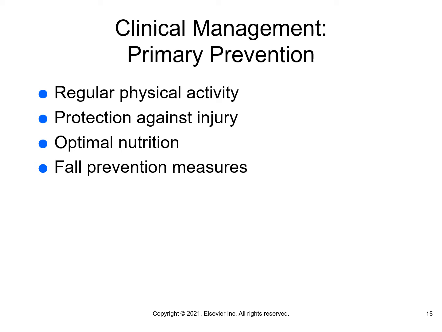So no rugs that they're going to trip on, no cluttering inside the house. These are all primary prevention. You're trying to prevent any falls, because once a person falls, they're going to be immobile. Once they're immobile or have limited mobility, the vicious cycle starts, with all the systems becoming compromised.